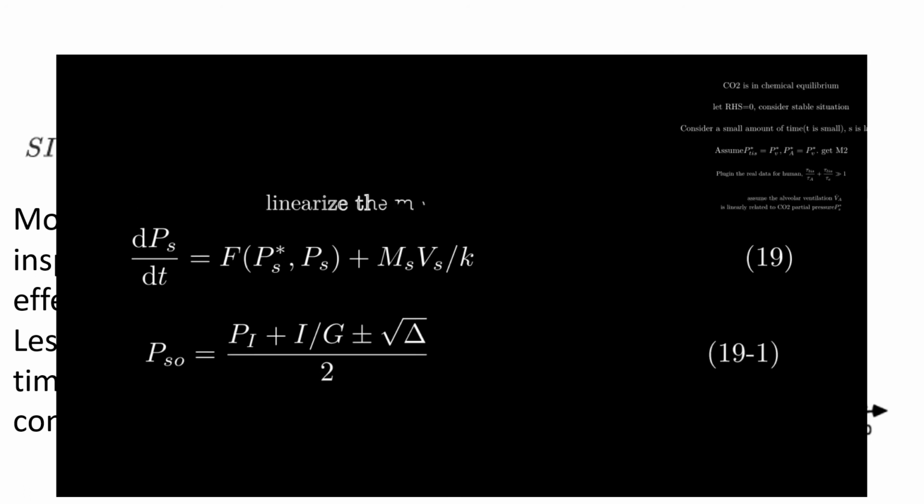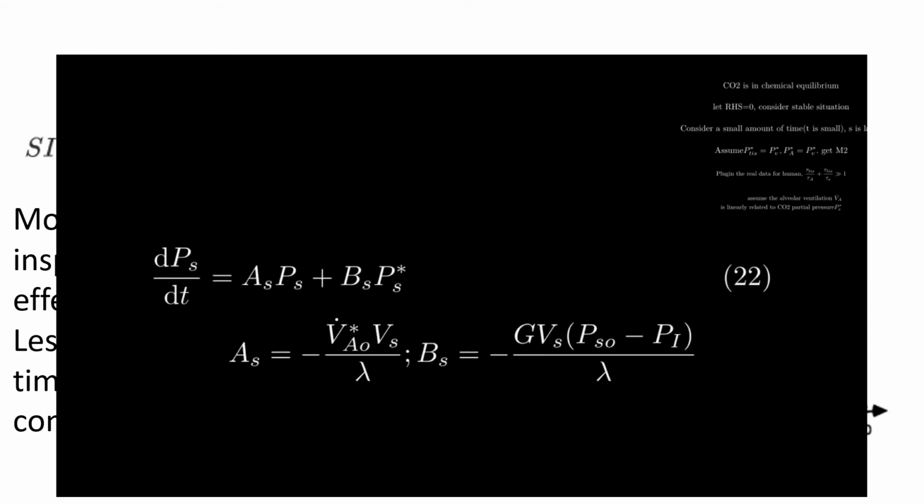But this is a nonlinear ODE. So we are trying to find the fixed point and use a linear model to approximate this nonlinear model at the fixed point. So this is a fixed point, and this is the linearized model.